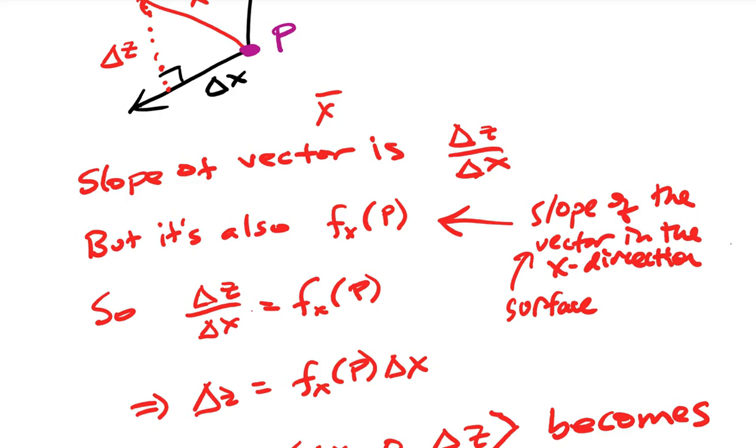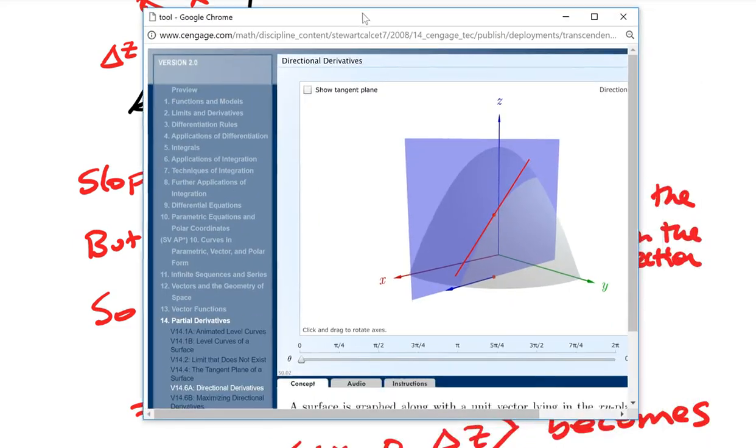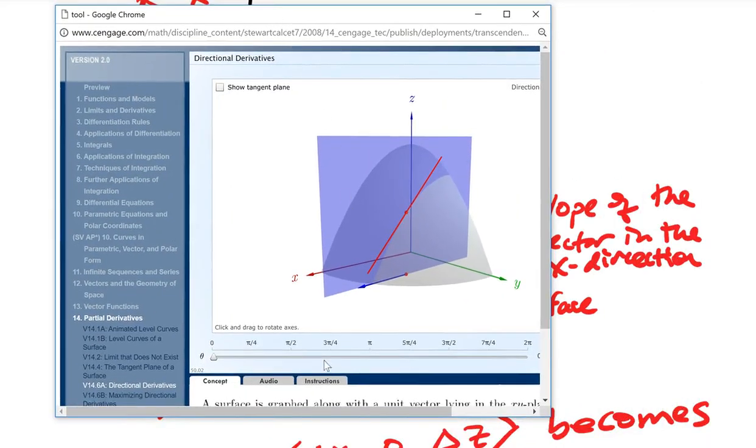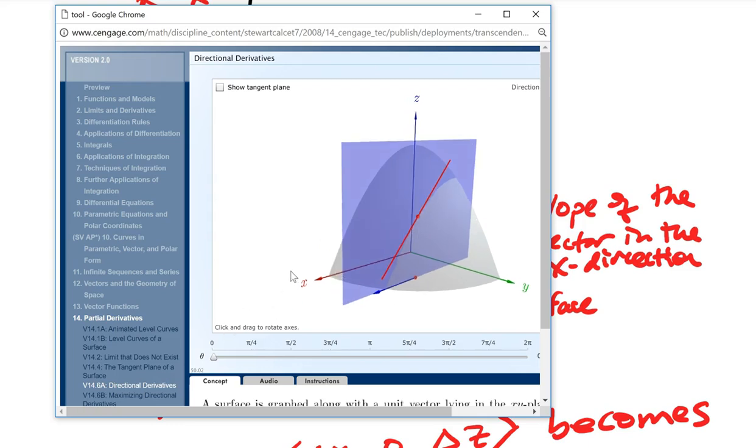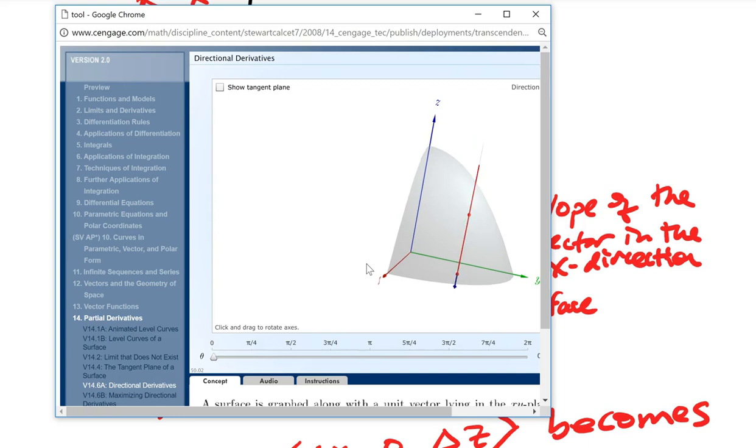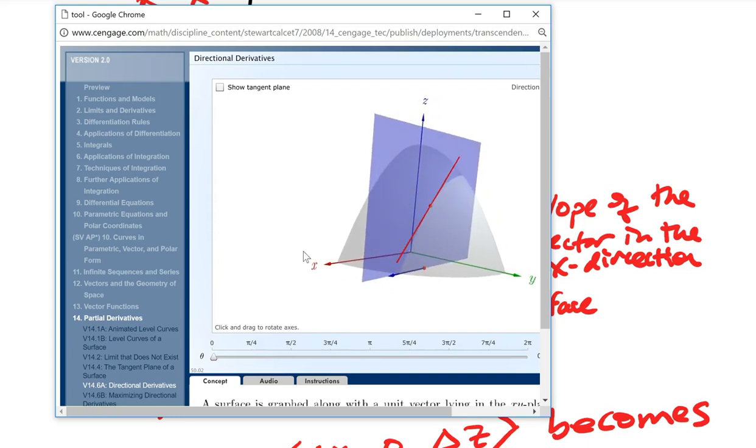There was an animation of this. I'll show you. Let me pull over the little animation that you might have seen before. You see this surface that looks like part of a paraboloid. This plane that's here is not the tangent plane, it's the plane that's cutting it vertically. You can represent this line as a vector. The line shows you how that surface is sloping.